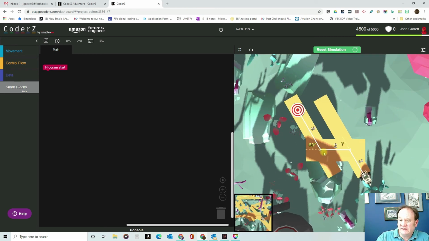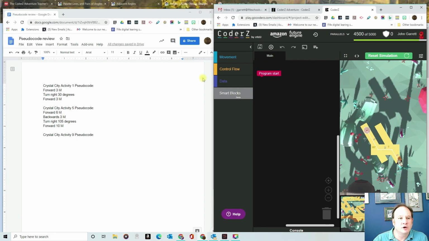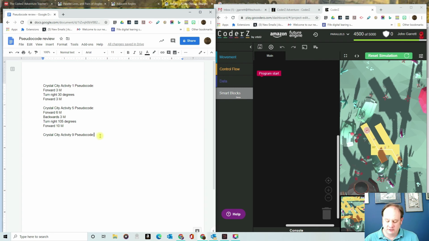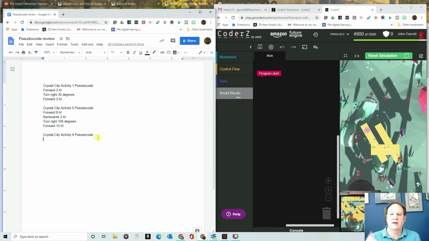It looks fairly easy to do, but let's pseudocode this out. For activity 9, I'll speed this up a little bit. I'm not necessarily going to talk through this, but you'll see me do my pseudocode, and you'll see me transfer that pseudocode into code here, and then I'll jump back in.